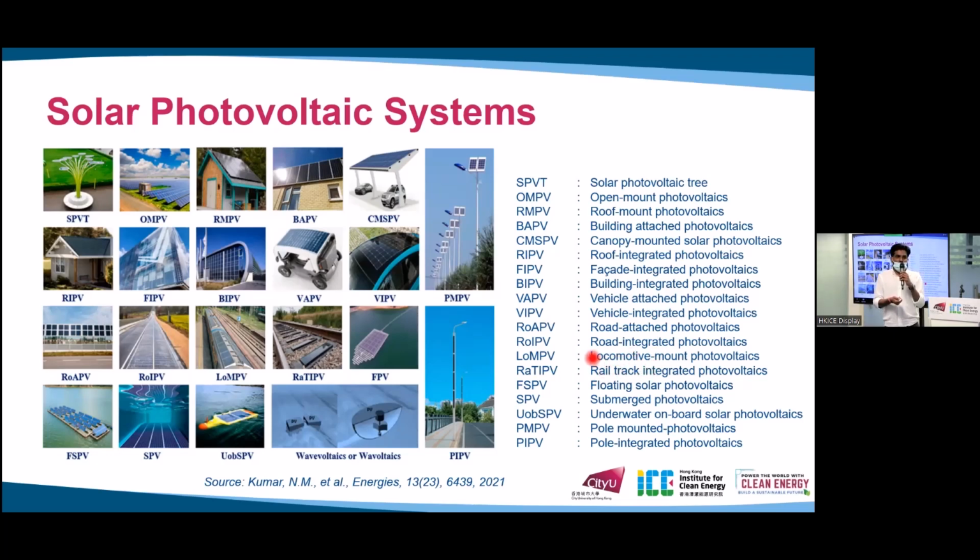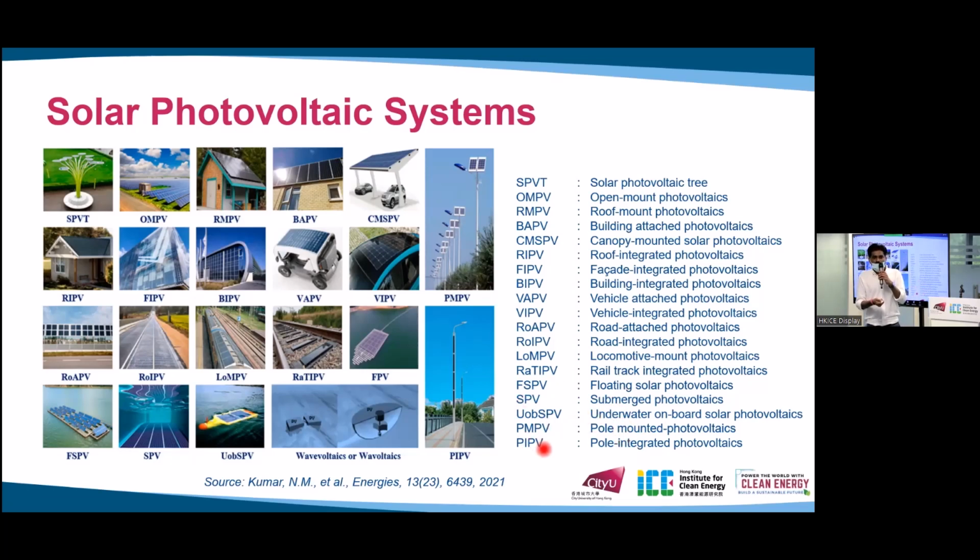And then we also have rail track integrated, and floating solar, submerged, underwater onboard solar photovoltaics. We attempted this a couple of times in exploring plastic waste in ocean seabeds. And we also have pole mounted photovoltaics and pole integrated photovoltaics.